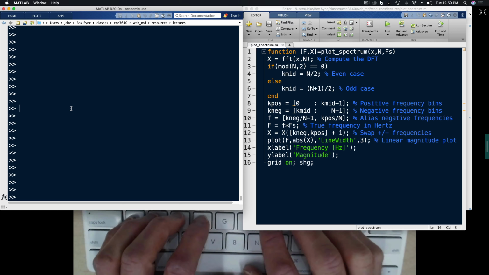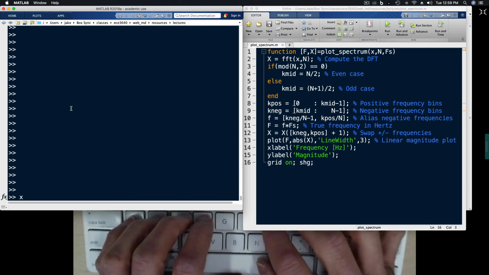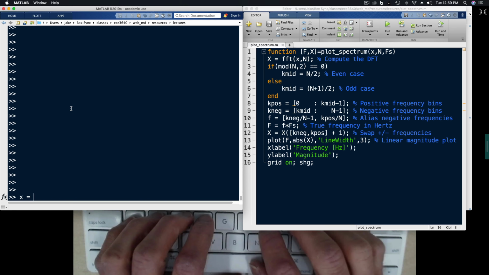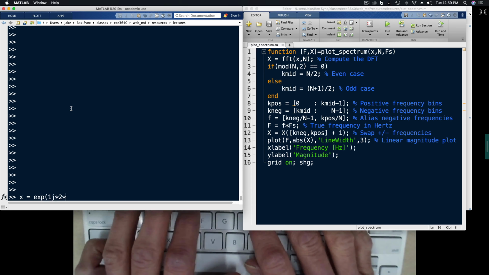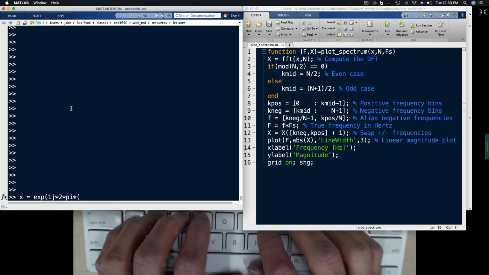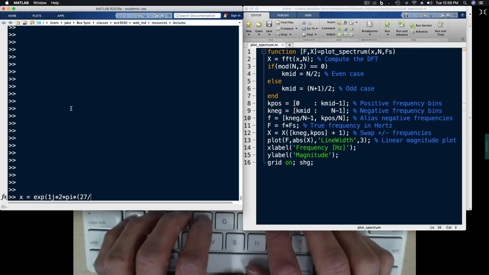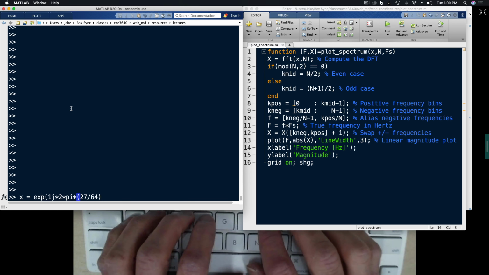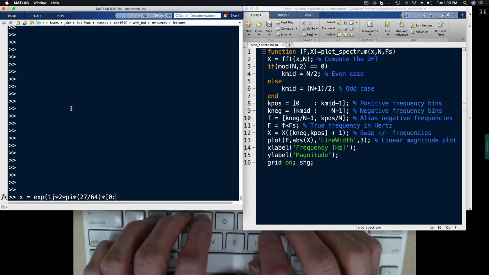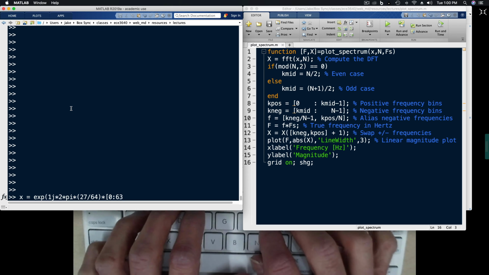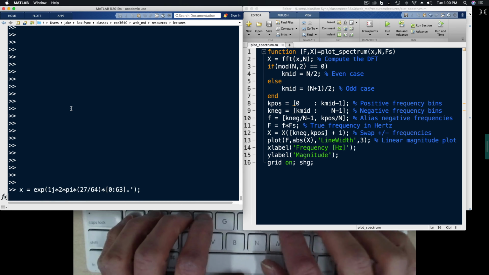Okay, so I'm going to create a signal x that maybe is a complex exponential, and let's take, say, bin 27 out of 64, and we'll take 64 samples. So what does this look like?